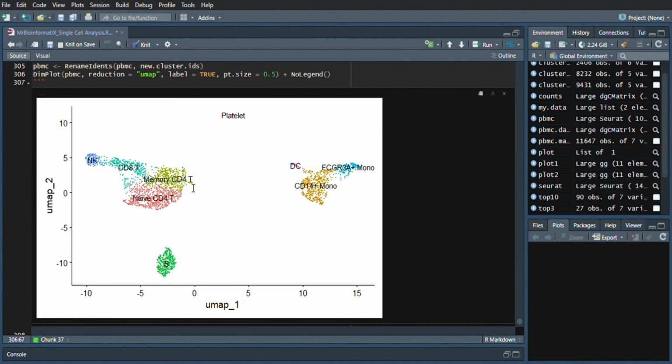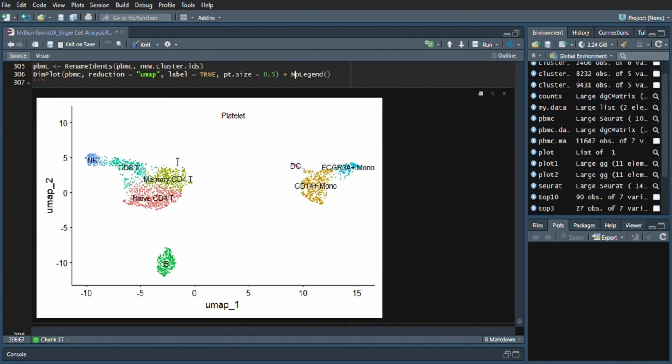And here, CD4 T memory. Generally, CD4 T cells are a type of T cell that helps regulate and coordinate the immune response. They are often referred to as helper T cells because they assist other immune cells in their function.